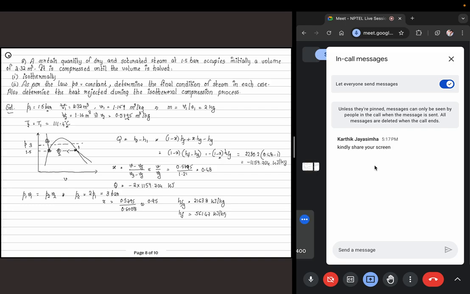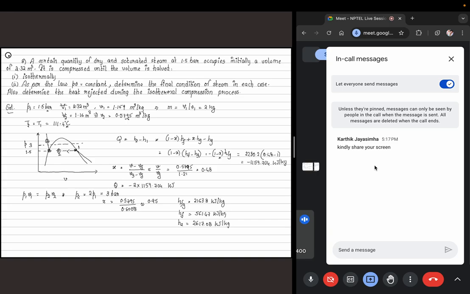So we have the vapor fraction, so we can calculate the final state. And we can also calculate the initial state, which I think we didn't calculate previously.